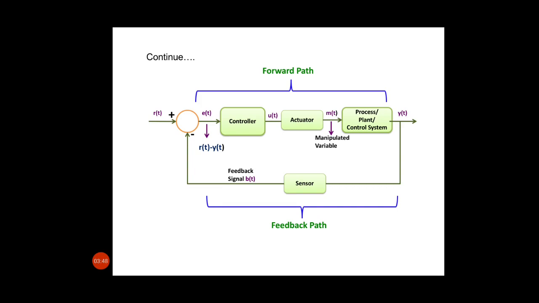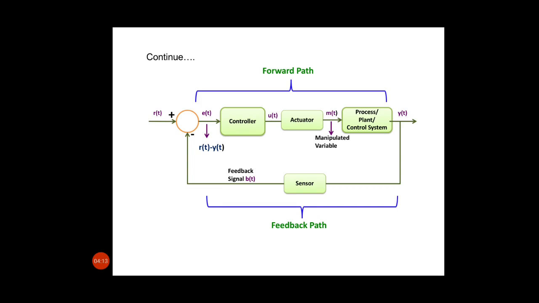The downward path, wherein we essentially give the measurement of output back to the summing junction, so that we can calculate the error which then goes to the controller, is called the feedback path.